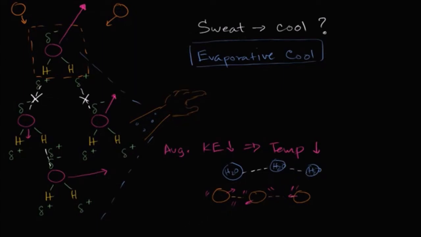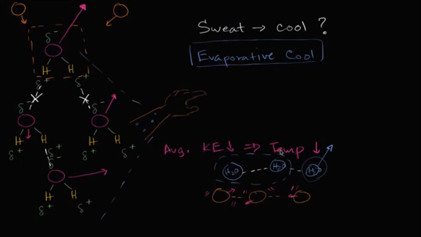As the high kinetic energy water molecules escape, say this one right over here escapes, the average kinetic energy of what's left over is lower. So the temperature has gone down, and now your body molecules, the ones that are warmed up because of whatever is going on inside your body, can vibrate and bump into these water molecules and increase their kinetic energy more.